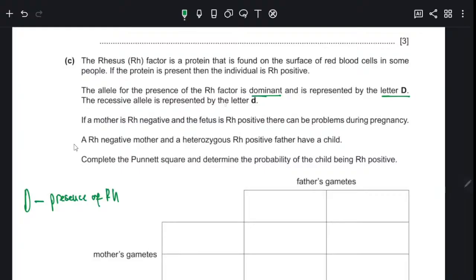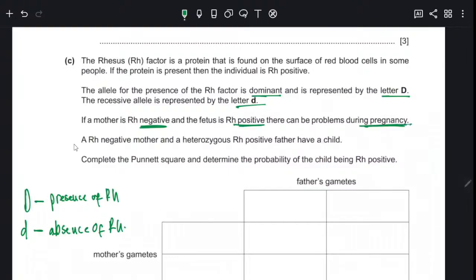Then the recessive allele is represented by small d, which is absence of RH.